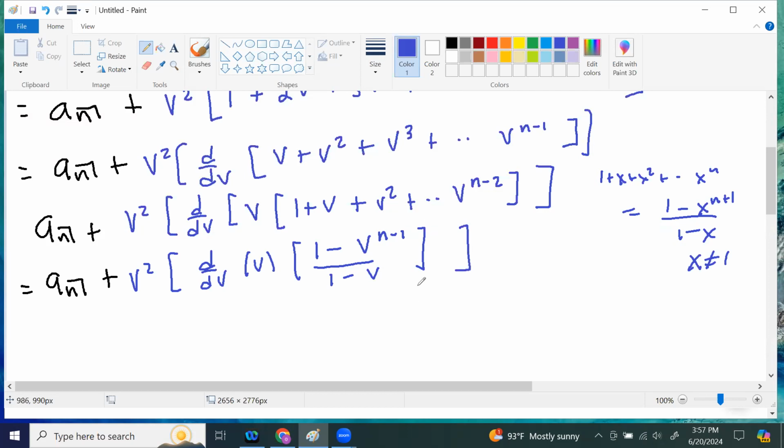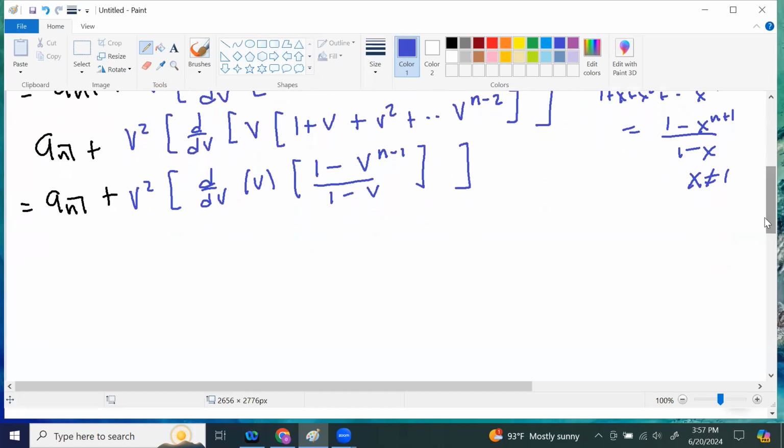Okay, we're almost ready to do some math here, because now that we wrote this in this nice, concise manner, we're almost ready to take the derivative. And I'll just write this v squared there.